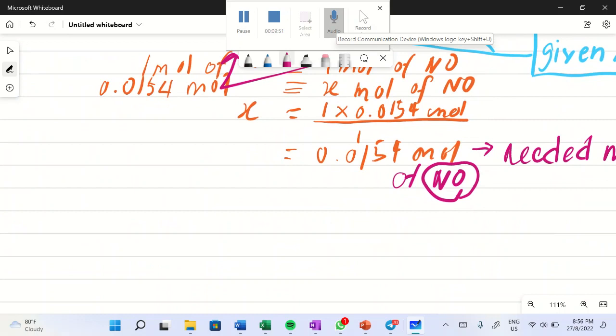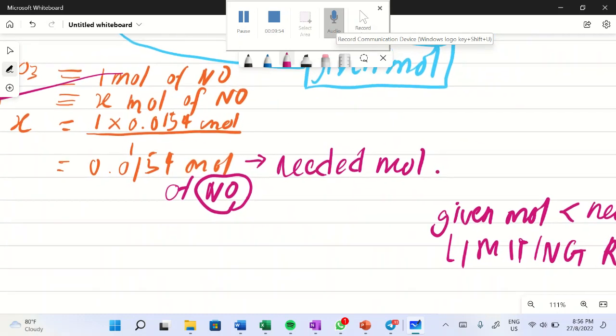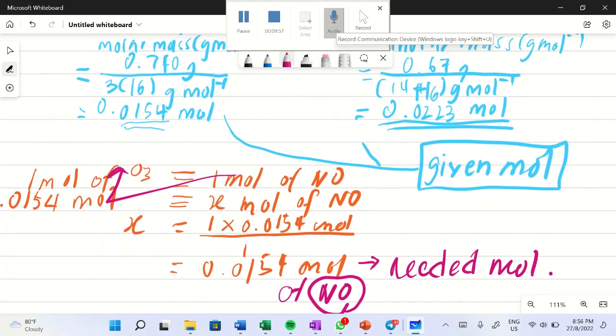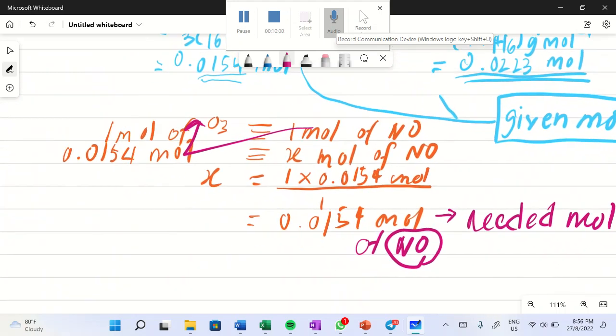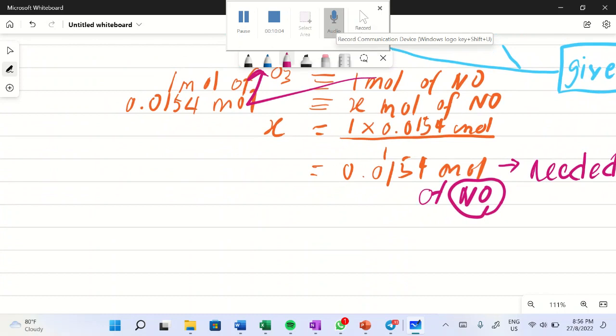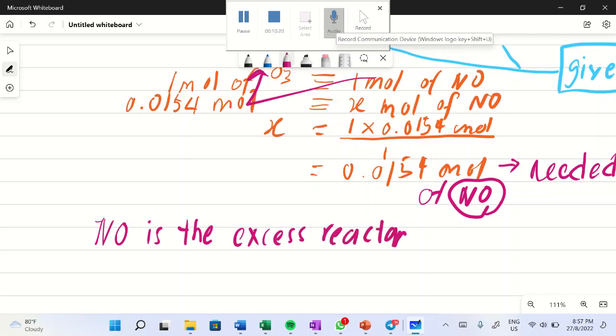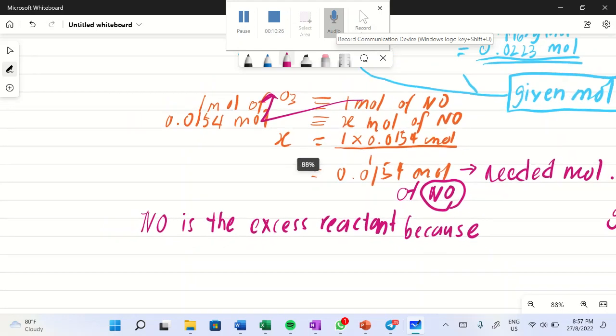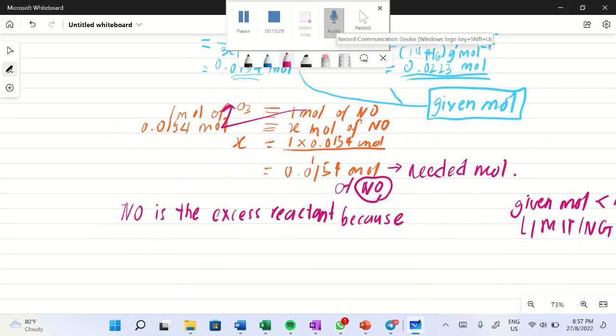Therefore, NO is the excess reactant, because the given mole is greater than needed mole.